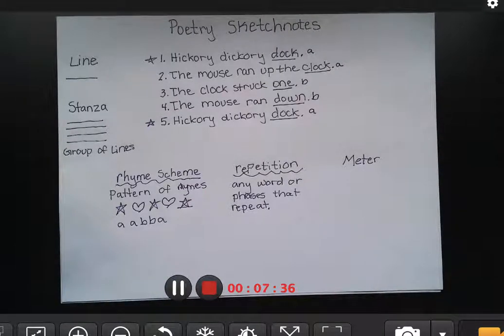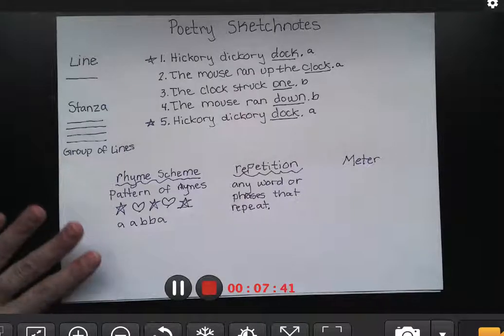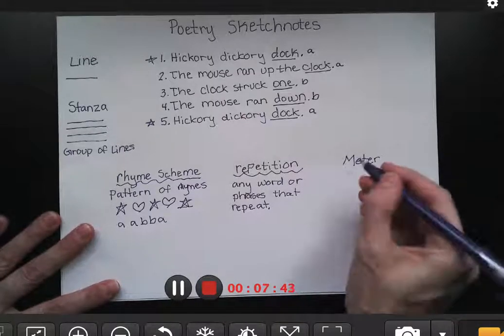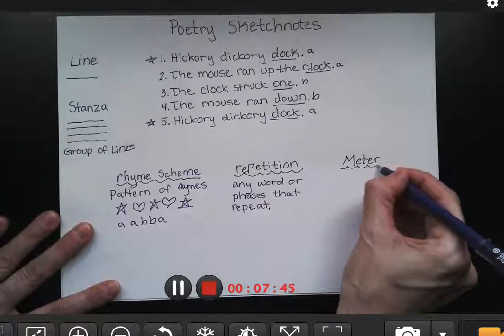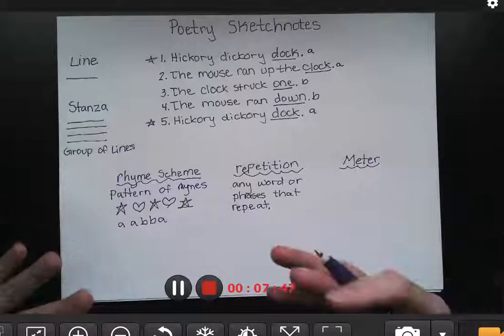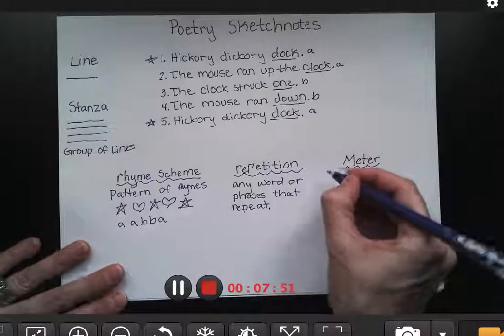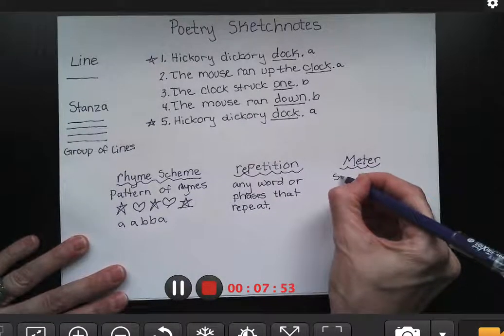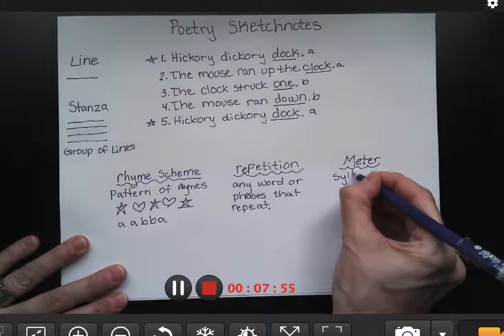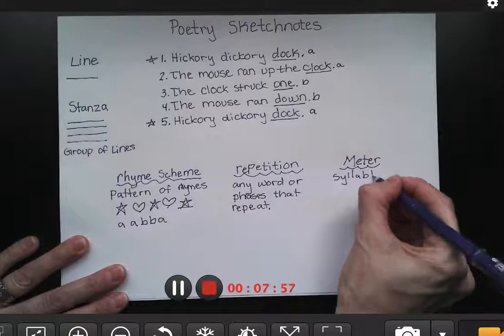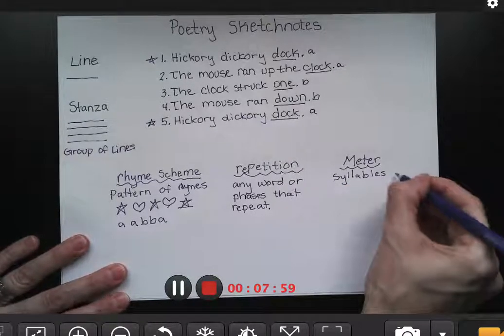It has to do with syllables in each line, and it also has to do with the emphasis that you put on the certain words in that line. So meter has to do with syllables in each line.